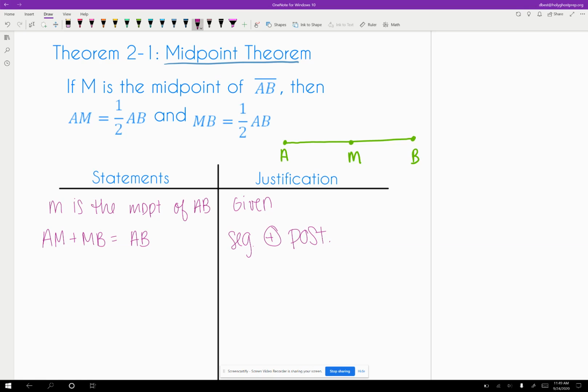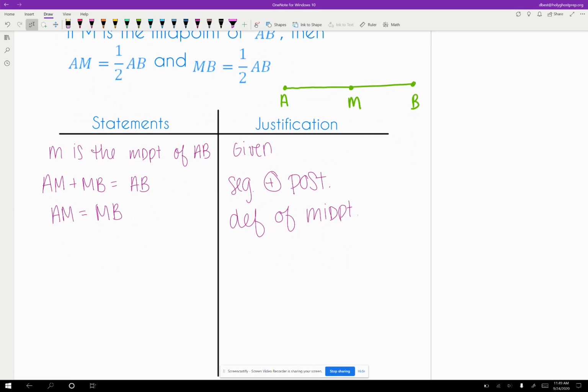Now I'm going to call on the definition of a midpoint, which tells me that a midpoint creates congruent segments. So I'm going to say that AM equals MB. And what doing that allows me to do is make a switch in my equation.